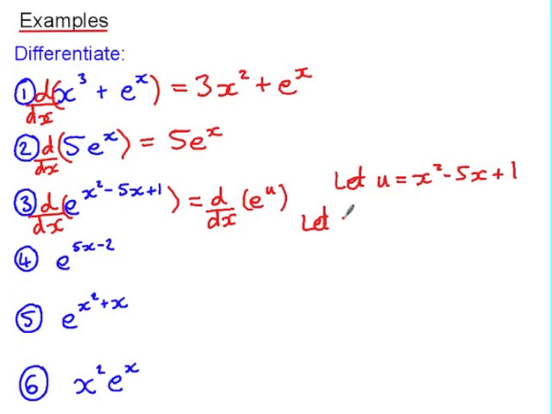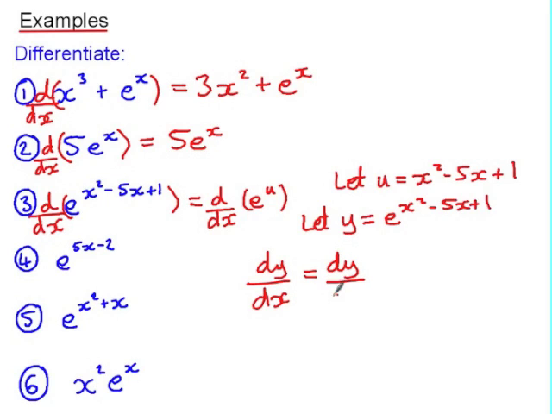So if y is e to the x squared take 5x plus 1, dy by dx, using the chain rule, is dy by du multiplied by du by dx.